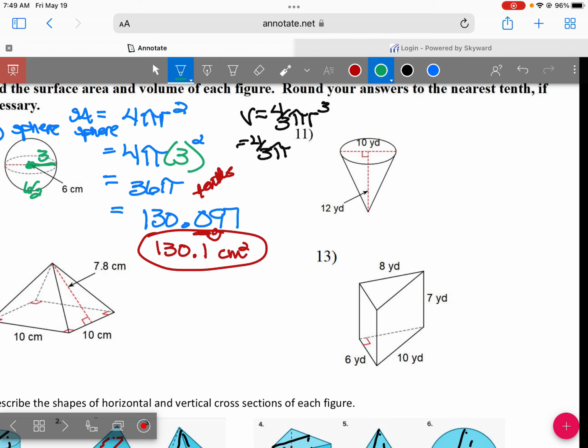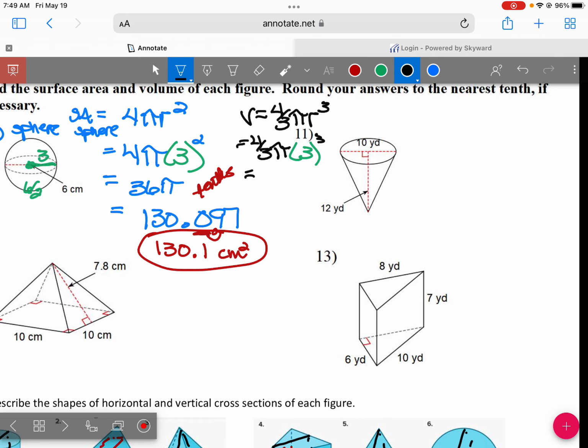My radius is still 3. We're going to cube that. If you put that all in your calculator, it's going to end up being 4 times pi times 9. Wait a minute. 3's cancel out.